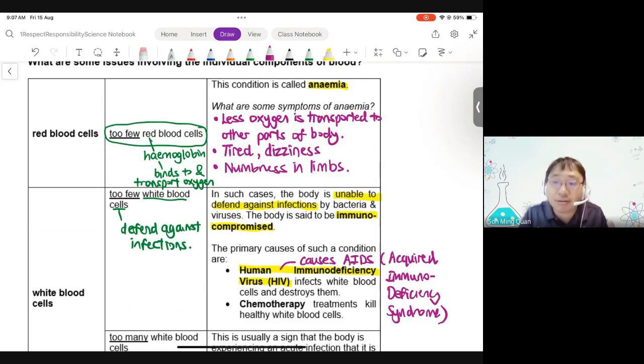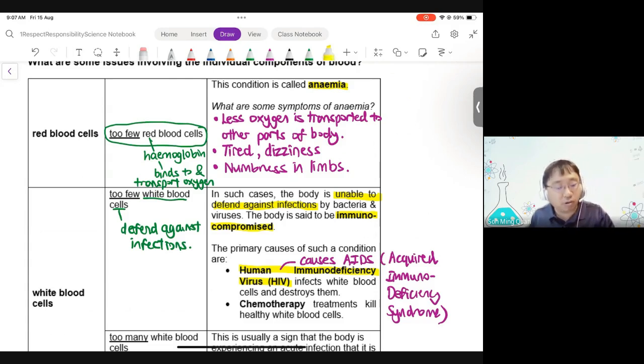So cancerous cells obviously grow and divide very fast, but so do white blood cells. White blood cells grow and divide very, very quickly as well. So because the chemicals cannot differentiate cancer cells and white blood cells, it will kill both. All right, it's like a sword that kills both. The monster that you want to kill, plus another monster. So it's killing both the cancerous cells and the white blood cells.